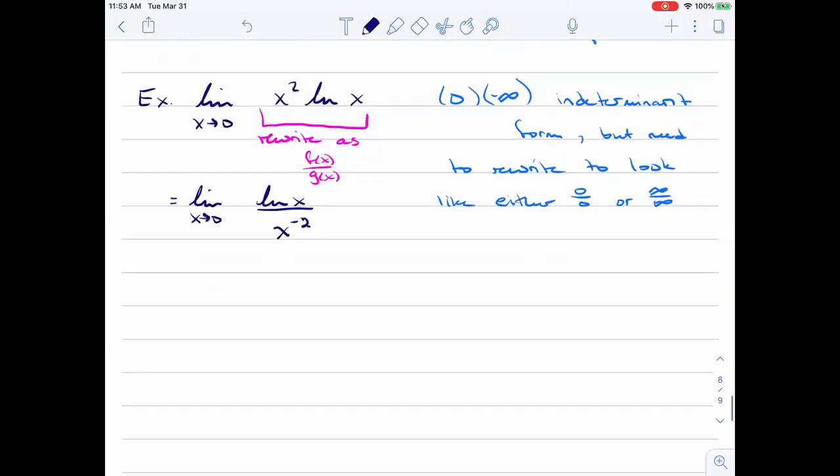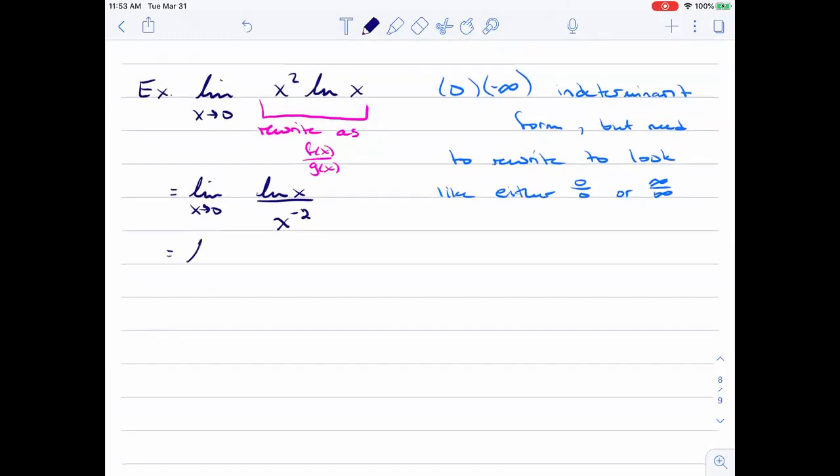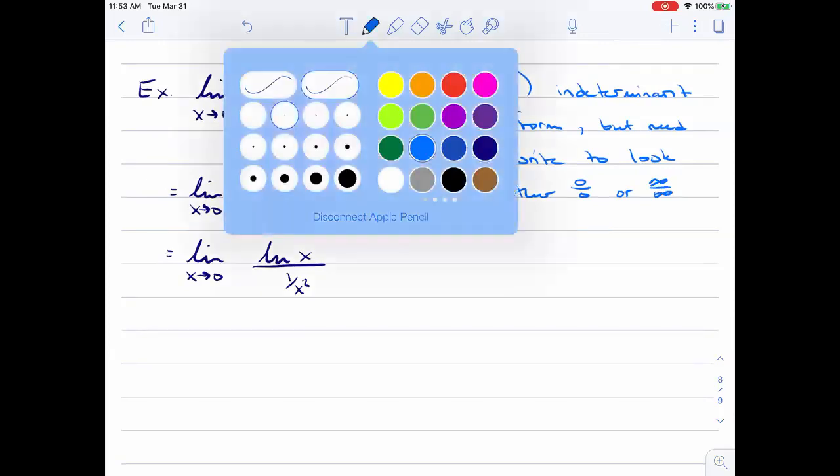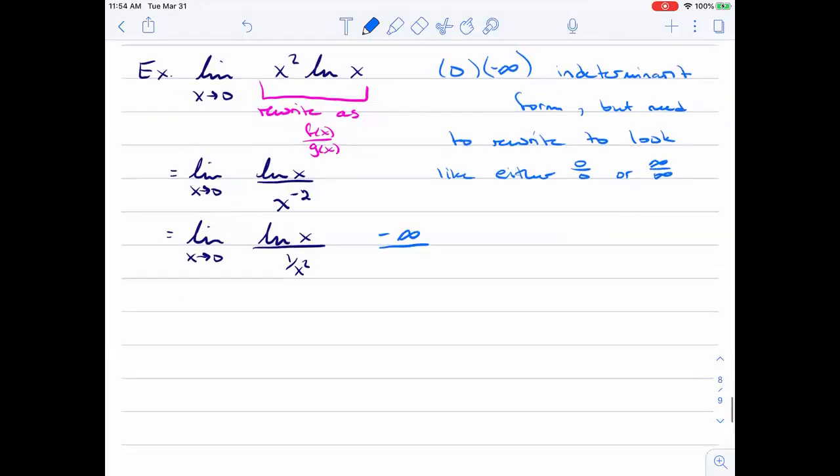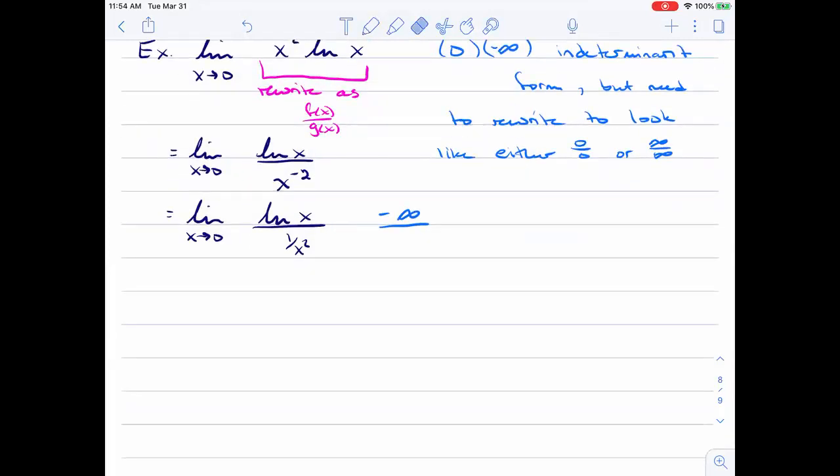X to the negative 2 is the same as, so the limit as x goes to 0 of natural log of x over 1 over x squared. That would put me back at x squared times the natural log of x. But here, I've got negative infinity over, and as x goes to 0, if I plug in x equals 0, I get 1 over 0, which is going to be infinity, right?